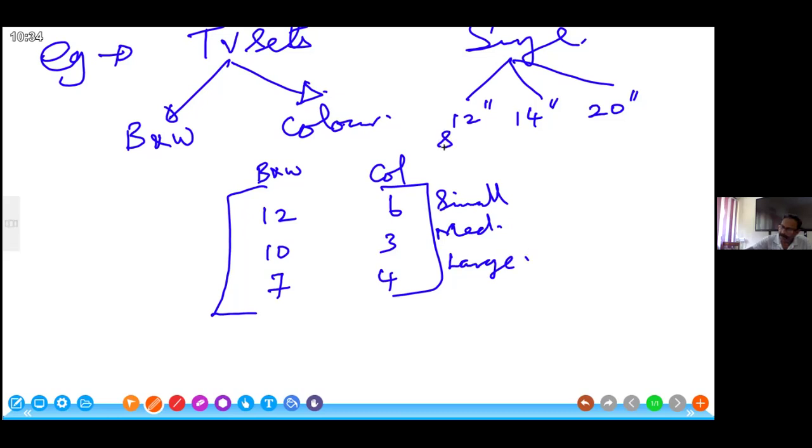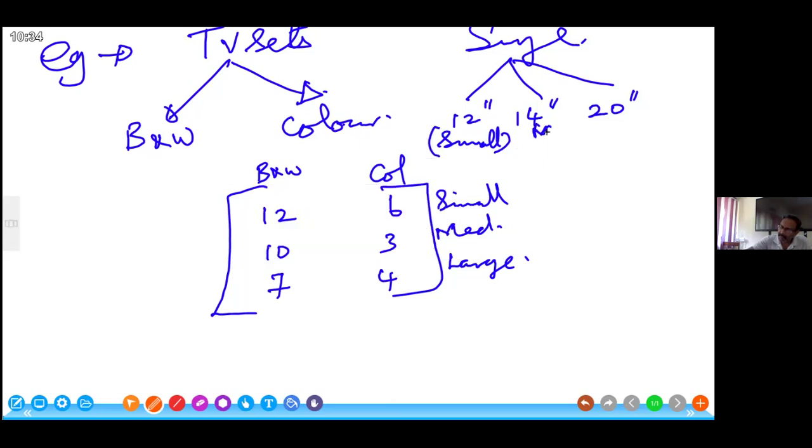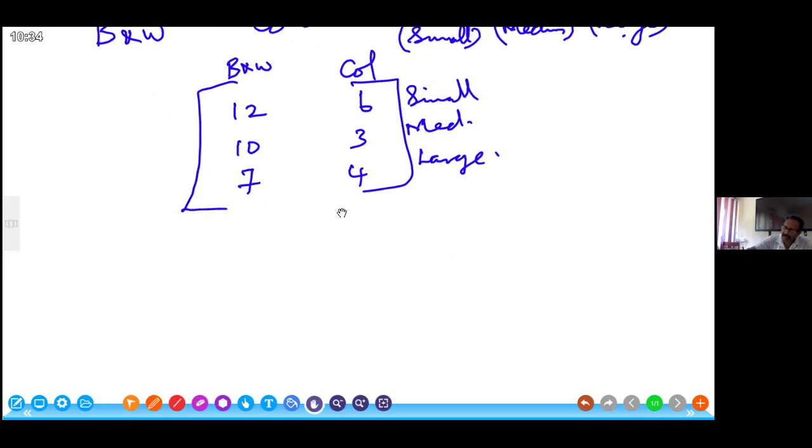So this is small, medium and large. Small, medium and large. Right? So the same thing we can produce in another way.